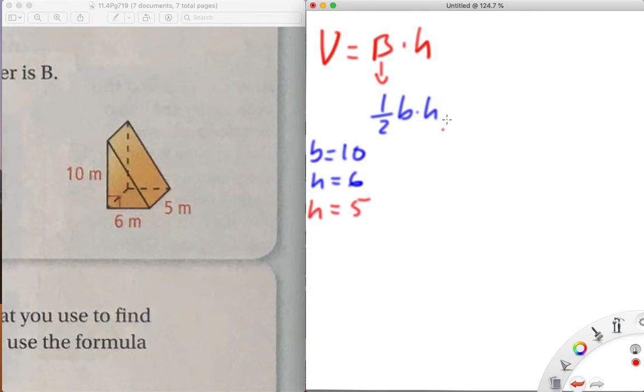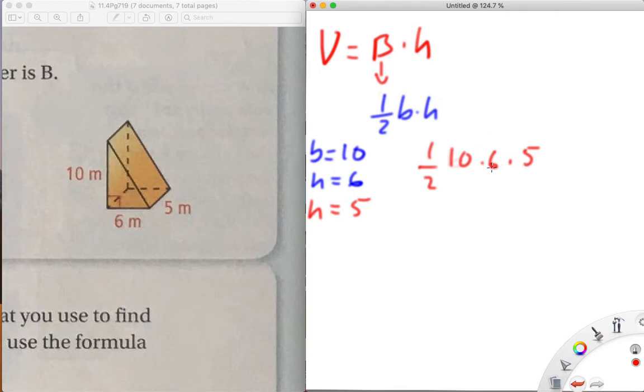So when we do this equation, it's going to be 1/2 the base of the triangle, which is 10, times the height of the triangle, which is 6, times the height of the prism, which is 5.